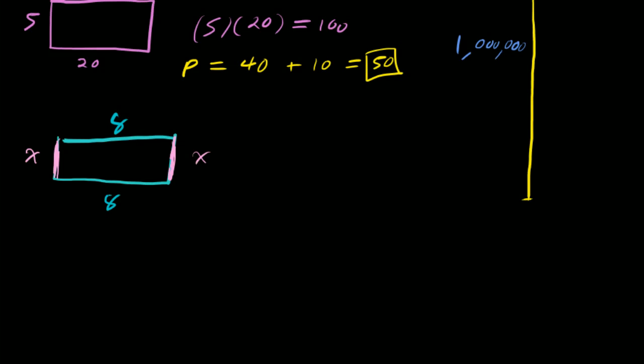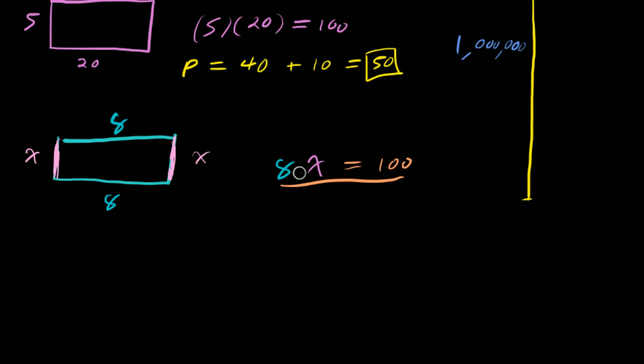And let's say, so what is our area going to be? Well, it's going to be the base times the height, right? So it's going to be Y times X. And we already know what the area is going to be, right? So we know what Y times X has to be. It has to be equal to 100.